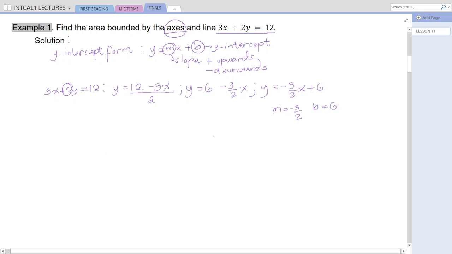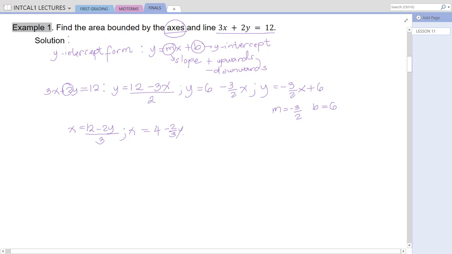Again, if we rewrite this in terms of x, that is x is equal to 12 minus 2y, and then divided by its coefficient, which is 3. Rewriting this again, x is equal to 12 divided by 3, that is 4, minus 2 thirds y.